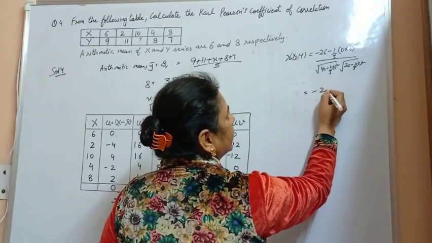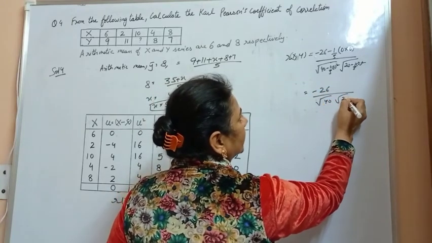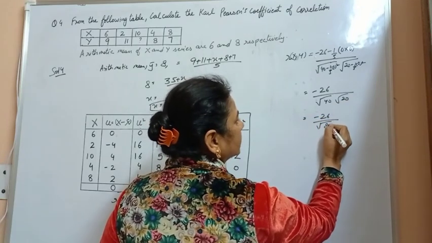This comes out to be minus 26 divided by under root 40 into under root 20, which is equal to minus 26 upon under root 800.